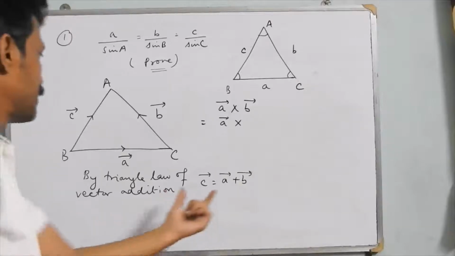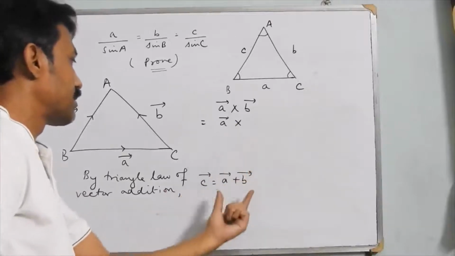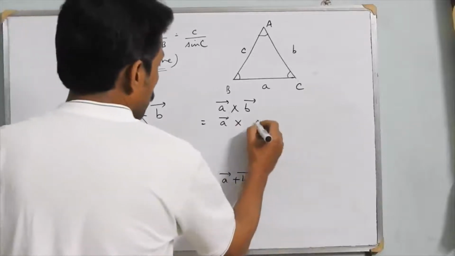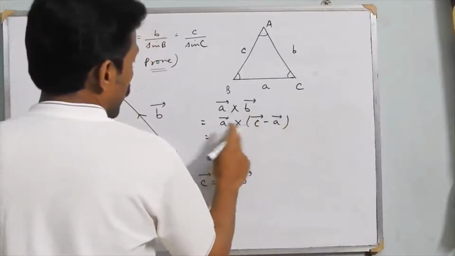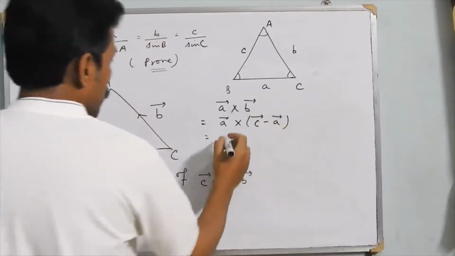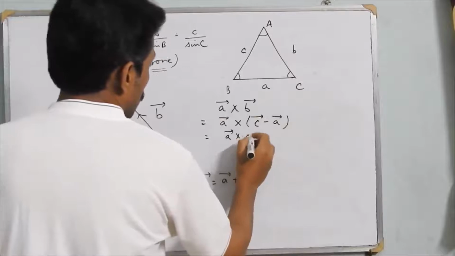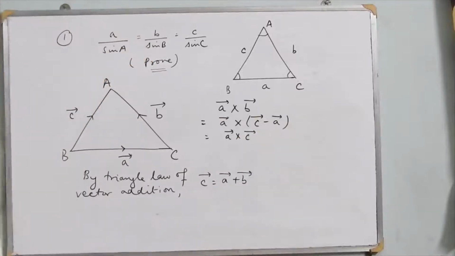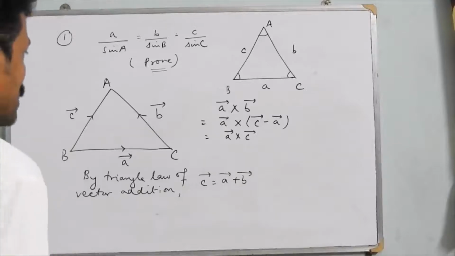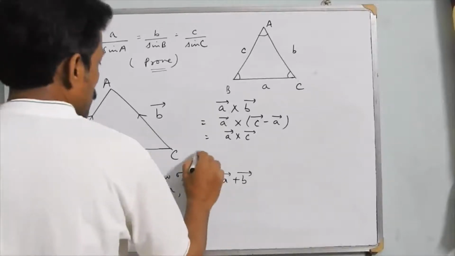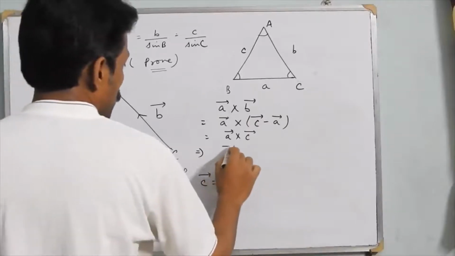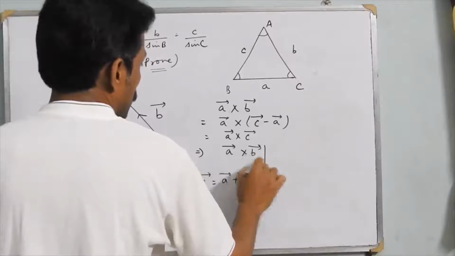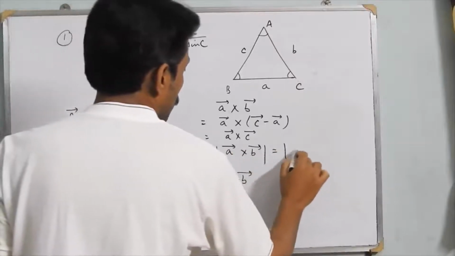Instead of B vector, we can write C vector minus A vector. So this gives you A cross C, because A cross A is 0. So if you take the modulus, you will get modulus of A cross B is modulus of A cross C.